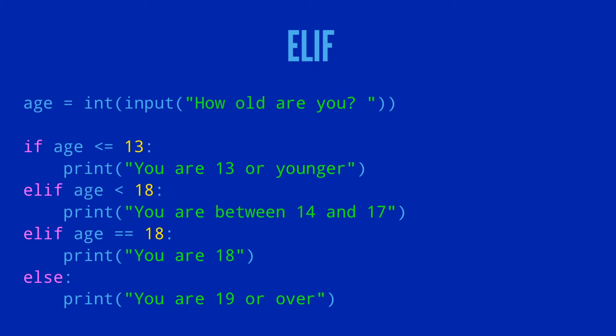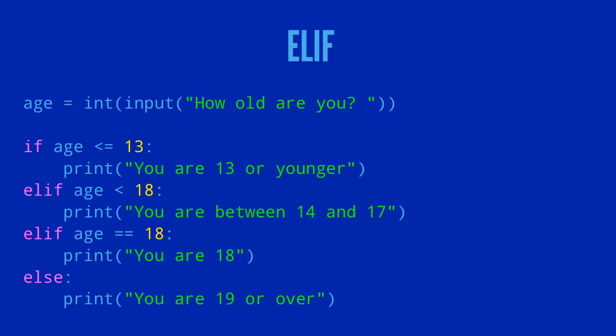However, since it hasn't been executed, if the second block of code that says age is less than 18 gets executed, it implies that the user has to be older than 13 already. And obviously they have to be less than 18. So that's why we are printing out the message you are between 14 and 17.